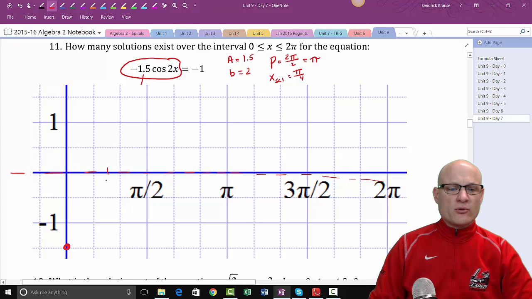This would be pi over 4, 2 pi over 4, 3 pi over 4, 4 pi over 4, 5 pi over 4, and I still have this in there. That's a mess. And over here we'd have 6 pi over 4 and then 7 pi over 4.